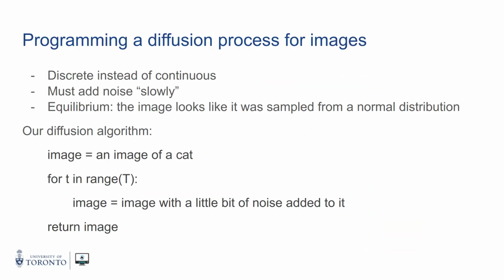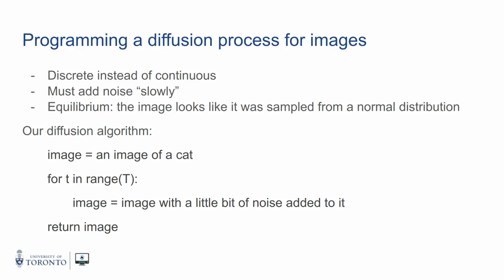Okay. So now we're going to take inspiration from this physical process and try to design a diffusion process for images. And what that's going to look like is we're going to define our equilibrium as the image looking like it's sampled from a normal distribution. So you can imagine for our 512 by 512 image, imagine we sample each pixel independently from a normal distribution.